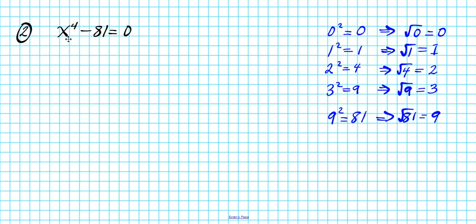Is x to the 4th a square? The answer is yes. Okay, don't forget, any time a variable has an even degree, it's automatically a square. Squares are situations where the power is divisible by 2. If you can divide the power by 2, then it is automatically a square. So that's the case here.